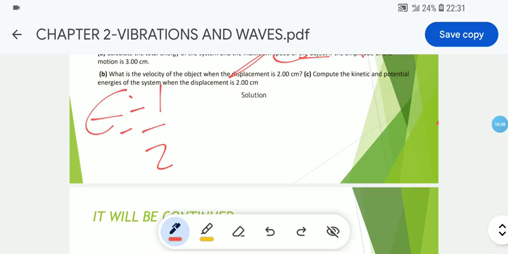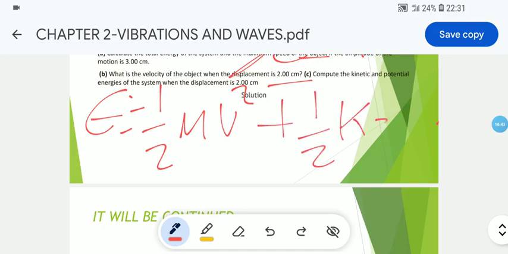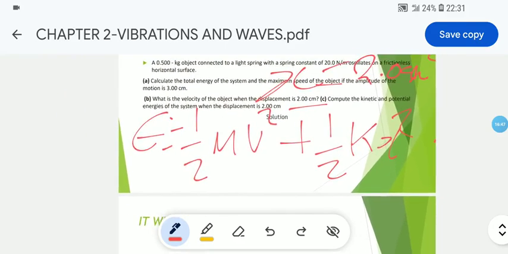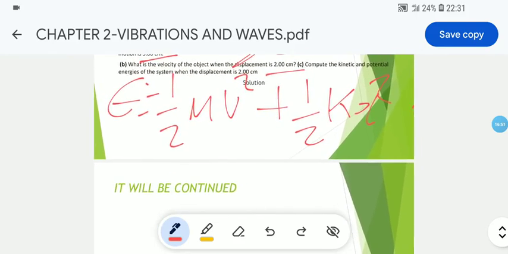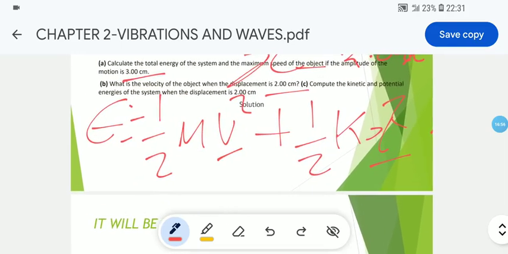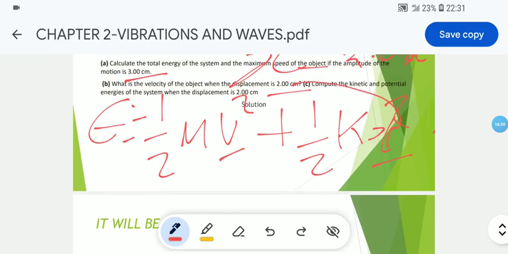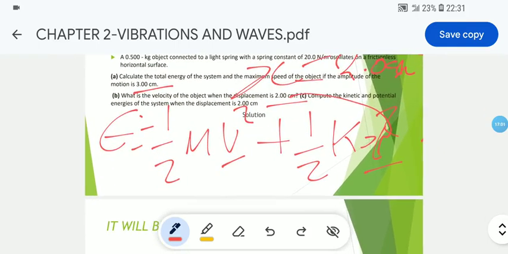Since our interest is to find v, this is not v max because this is not the amplitude but just a displacement. We already have our mechanical energy. It won't change; that is our total energy. We are going to solve for v because our x is already given. Just substitute, the mass is given, then solve for v.